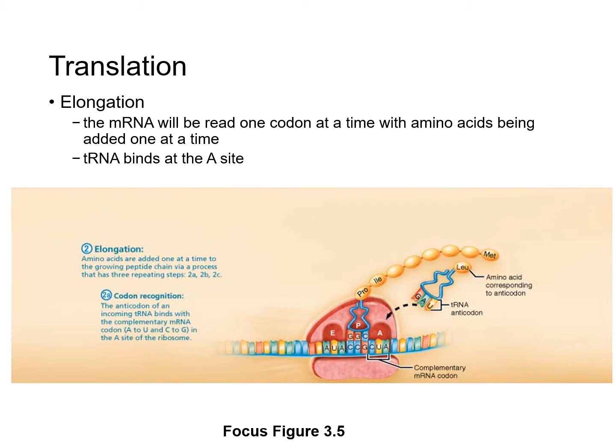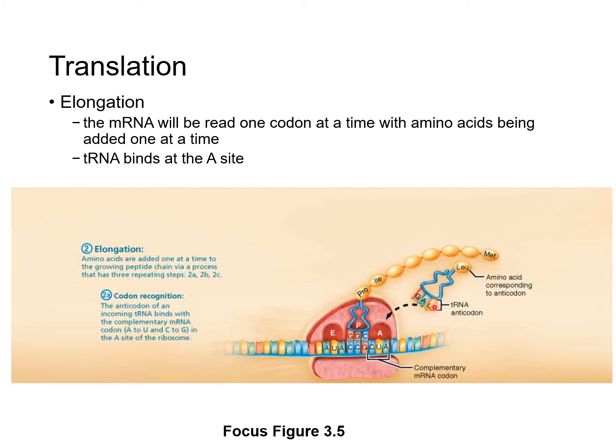Notice this was our start codon, and notice that we have added additional amino acids. How is that occurring? Well, here in the A position, we'll have a transfer RNA bringing an amino acid.